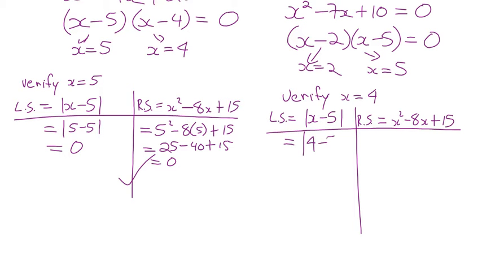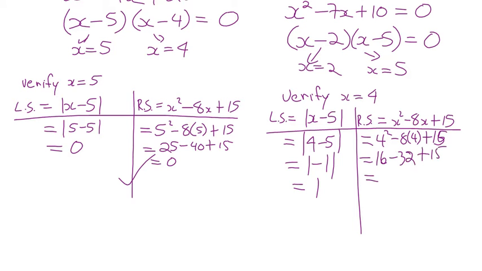So it's the absolute value of 4 minus 5, which is the absolute value of negative 1, which is 1. And this is 4 squared minus 8 times 4 plus 15: 16 minus 32 plus 15, which is negative 1. So that does not check. Not verified.